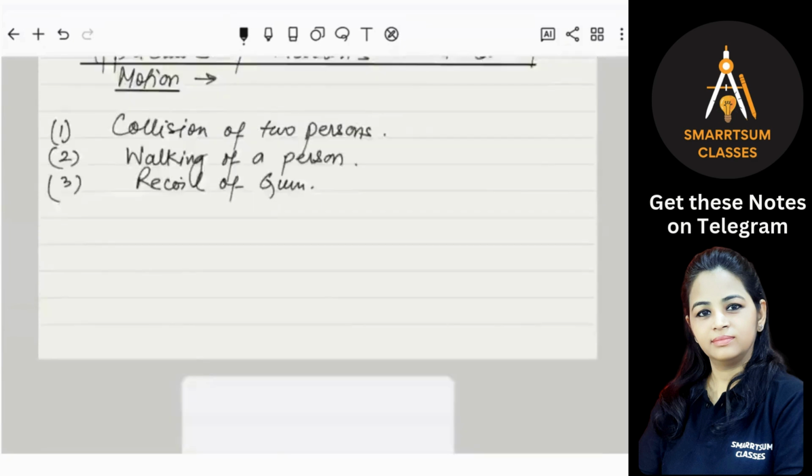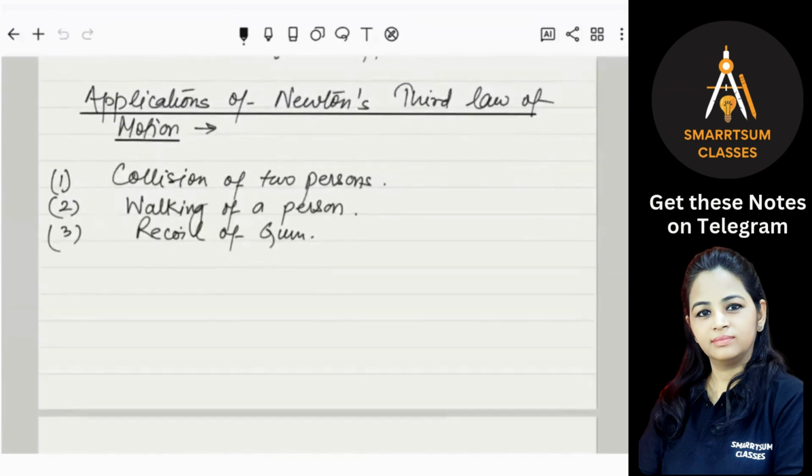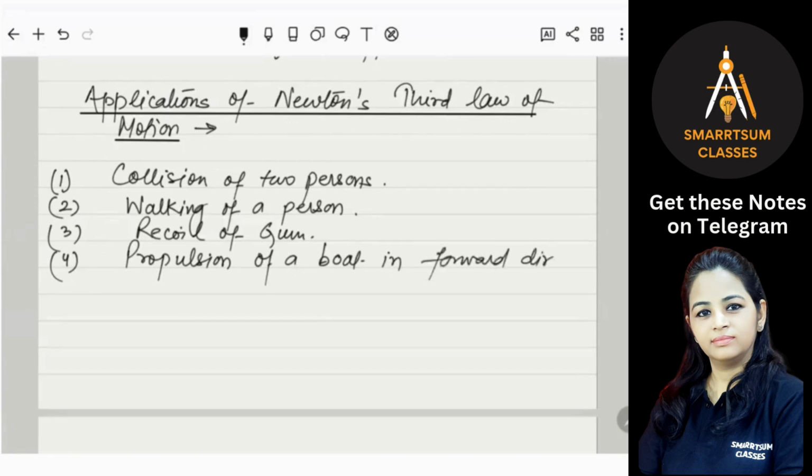So recoil of the gun is again an application of the action-reaction law, or Newton's third law of motion. Propulsion of a boat in the forward direction. So how does a boat move in a particular direction?